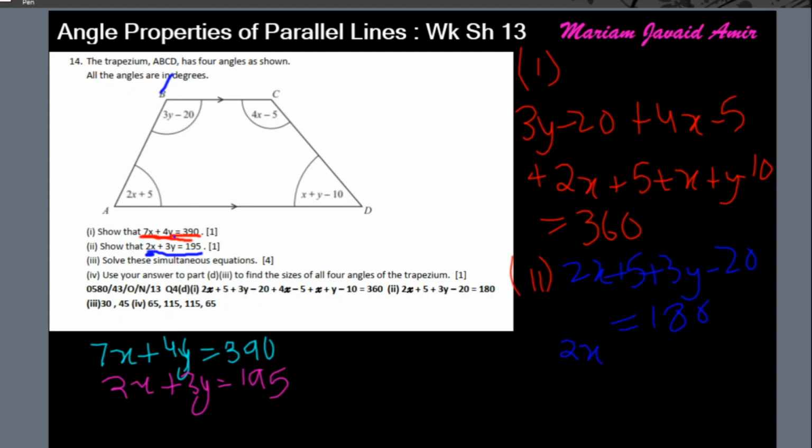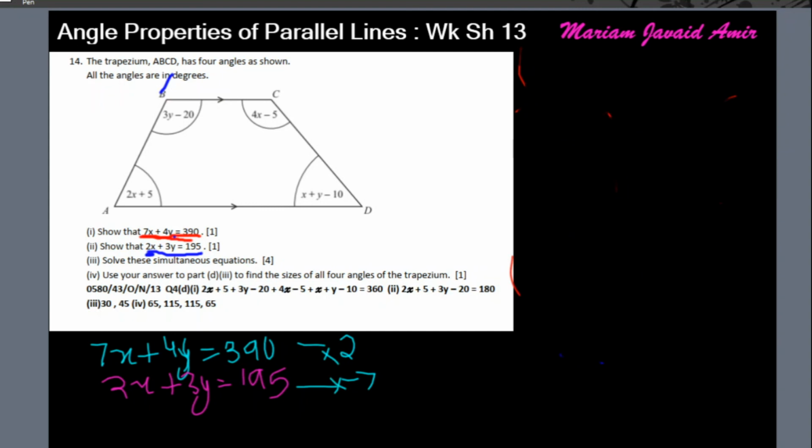So I would like to change both the x into the same number. So I'll be multiplying the first equation with 2 and the second equation with minus 7. So let's see what I'll get.